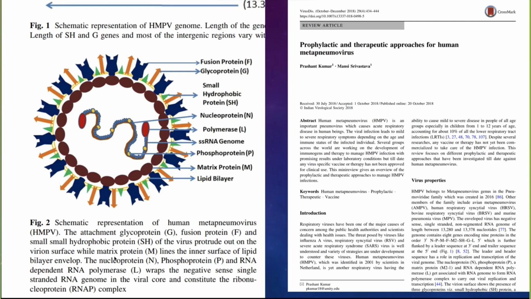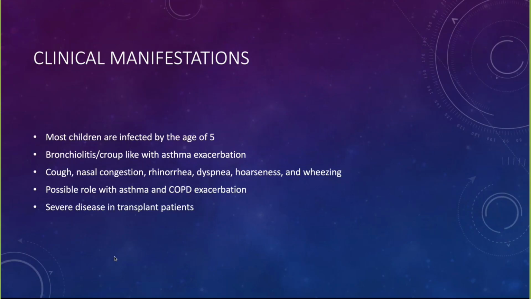It has three important proteins: the fusion protein, the glycoprotein, and this hydrophobic protein. These two are in charge of the attachment and replication of the virus. This one is believed to be related to the evasion of the immune system. If you want to read more about human metapneumovirus, you can go here and read this review article.